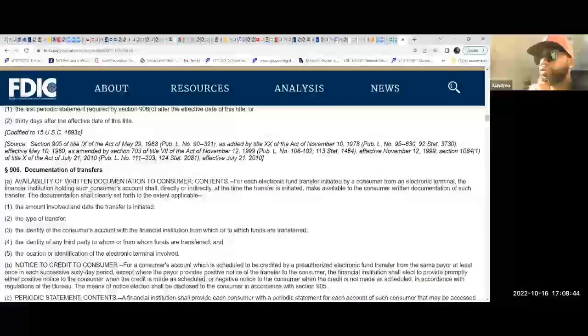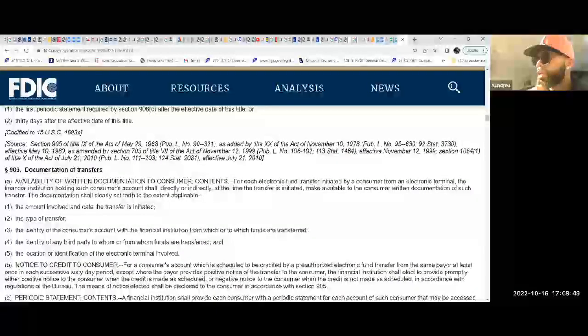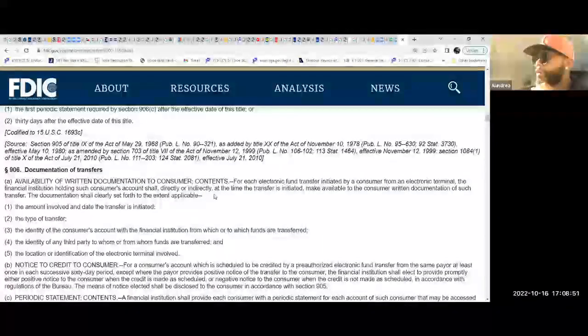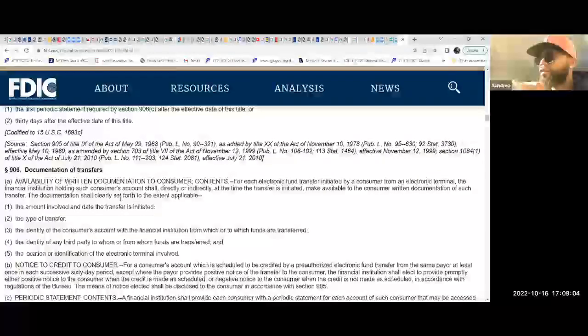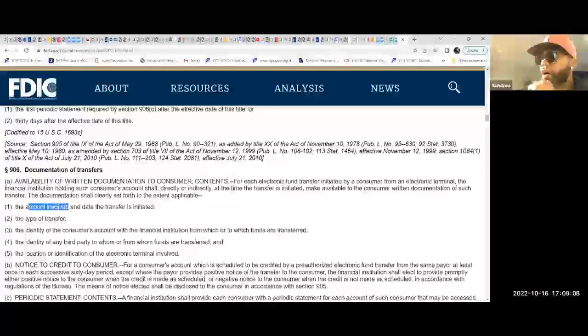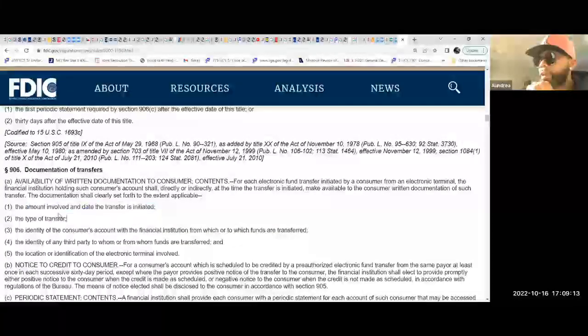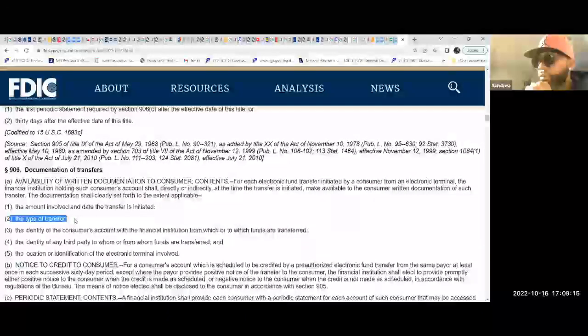The financial institution holding such consumer accounts shall directly or indirectly at the time the transfer is initiated make available to the consumer written documentation of such transfer. The documentation shall clearly set forth, to the extent applicable, the amount involved and the date the transfer is initiated, the type of transfer, right?